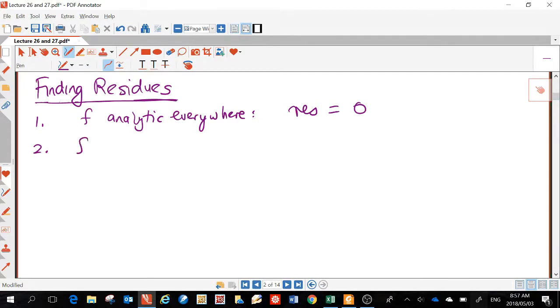Number 2: if you have f of z is some g of z over z minus a, and of course, g of a must not be 0. You can have a 0 on the top, but not at a.